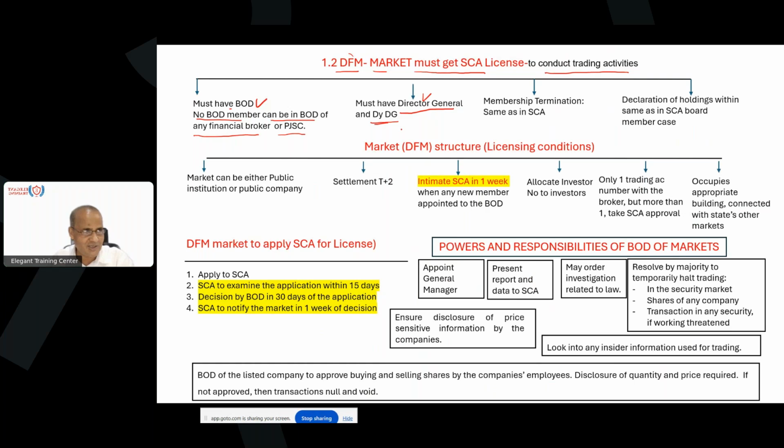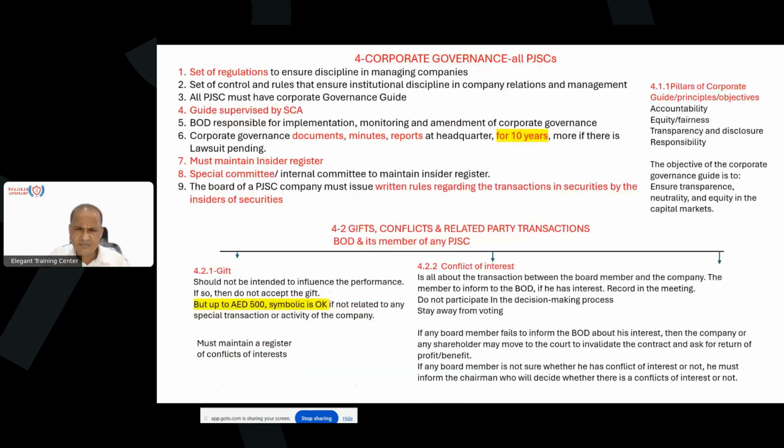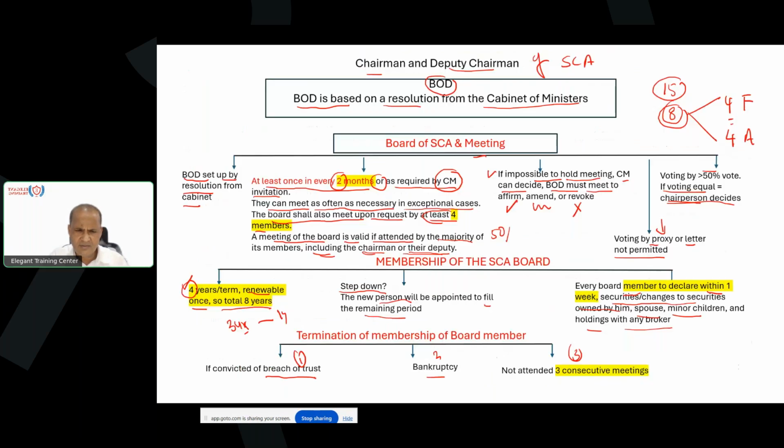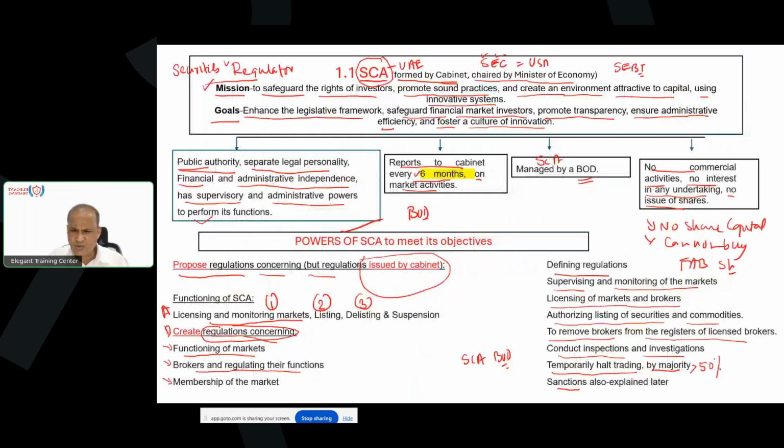Membership termination, same as SCA. What are the termination grounds? Bankruptcy, breach of trust. Let's go back. One second, I just want to take you there.